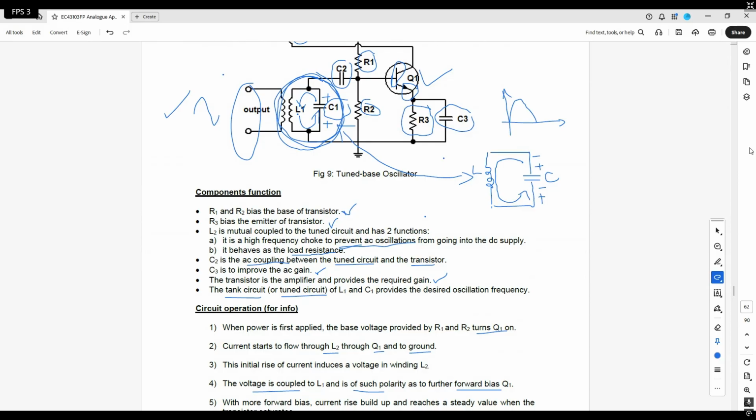So again, when it becomes fully charged in this manner, it will discharge. But this time around, I discharge clockwise.